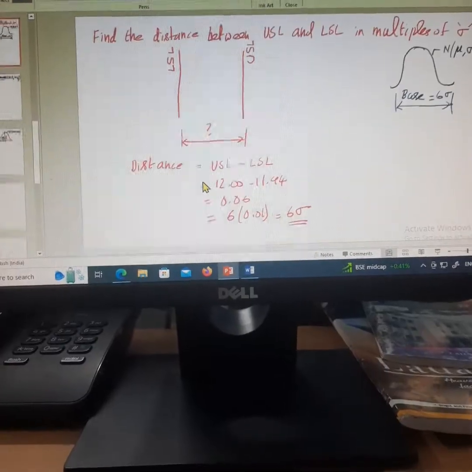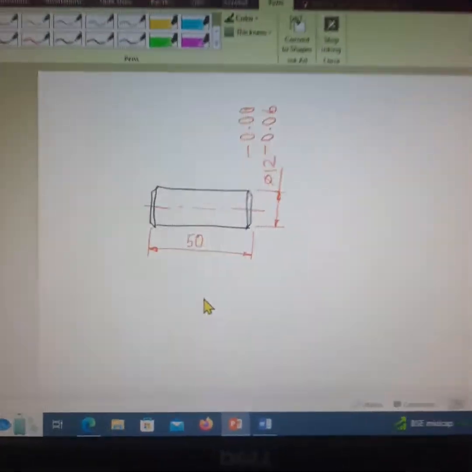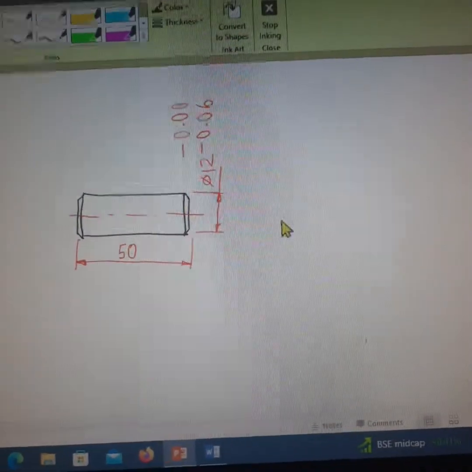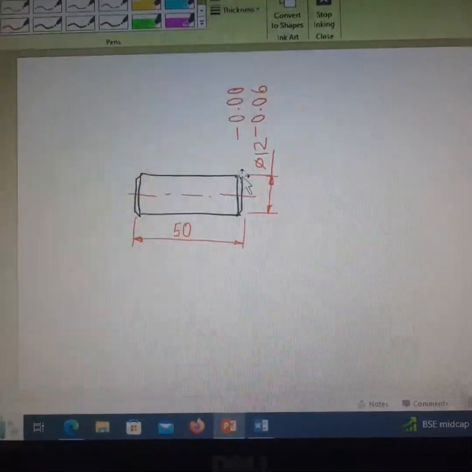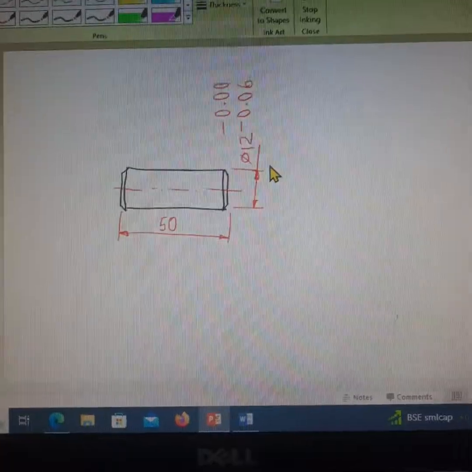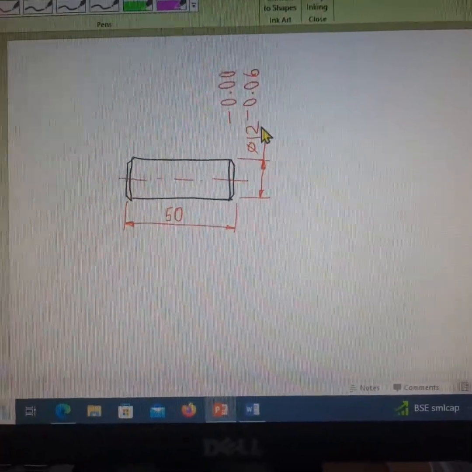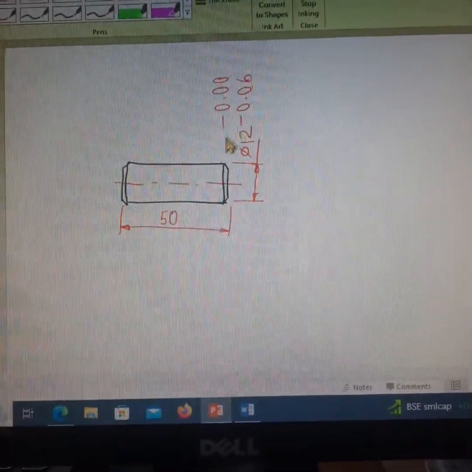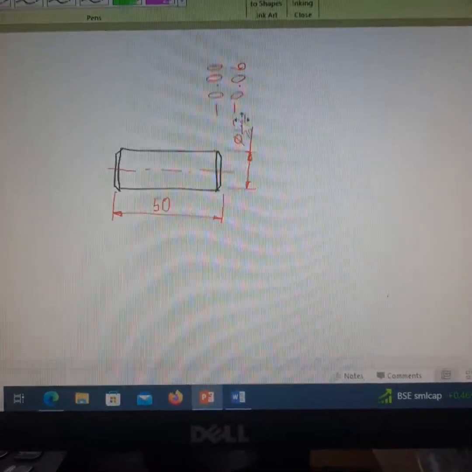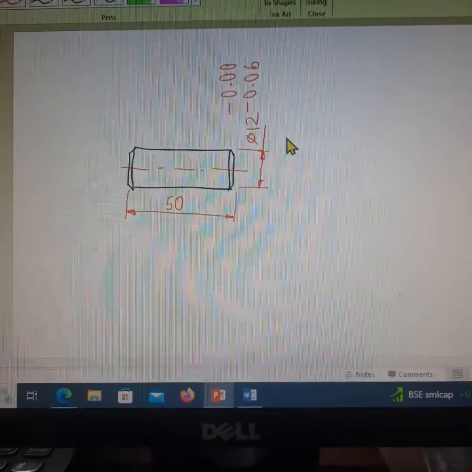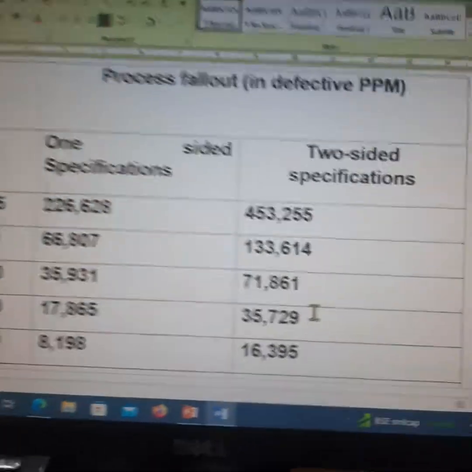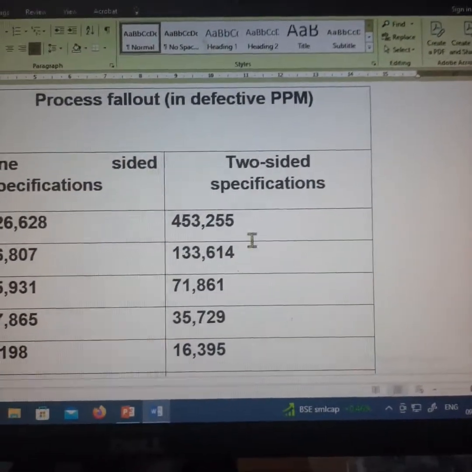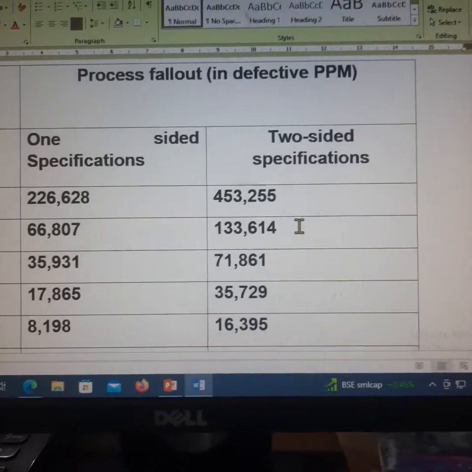If you look at the drawing, the shaft has to be manufactured between the upper limit of 12 and the lower limit of 11.94. So in both directions, the dimension has to be limited to within this range. So it is a two-sided specification. We have to follow the second column, two-sided specification, for finding the ppm defect.